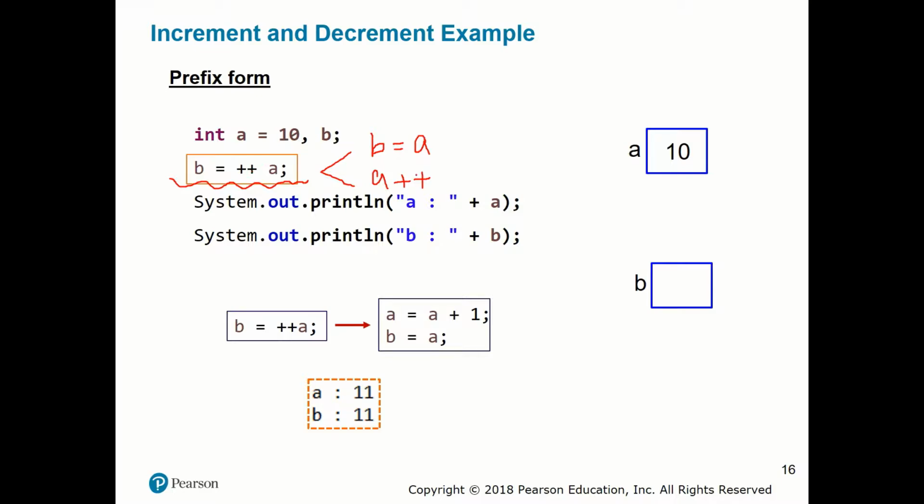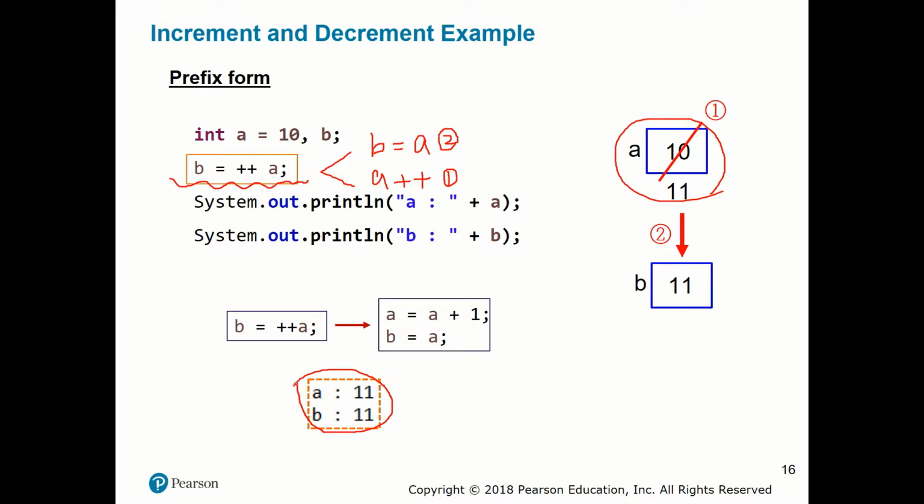So this should be performed first and then this will be performed. Here A is 10 right now and A will be incremented first. So A becomes 11 and then A is assigned to B. So B becomes 11. So in this print statement, A and B are printed, both 11.